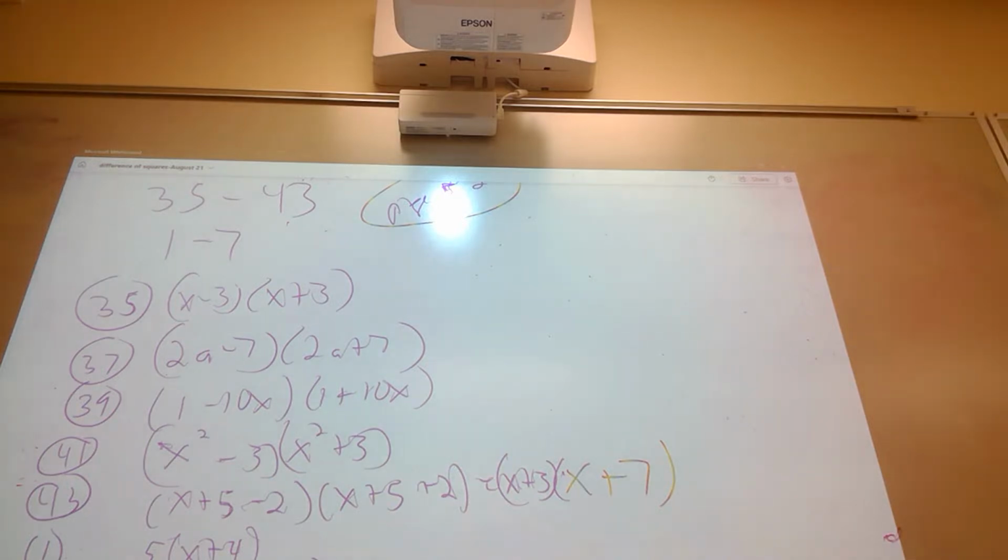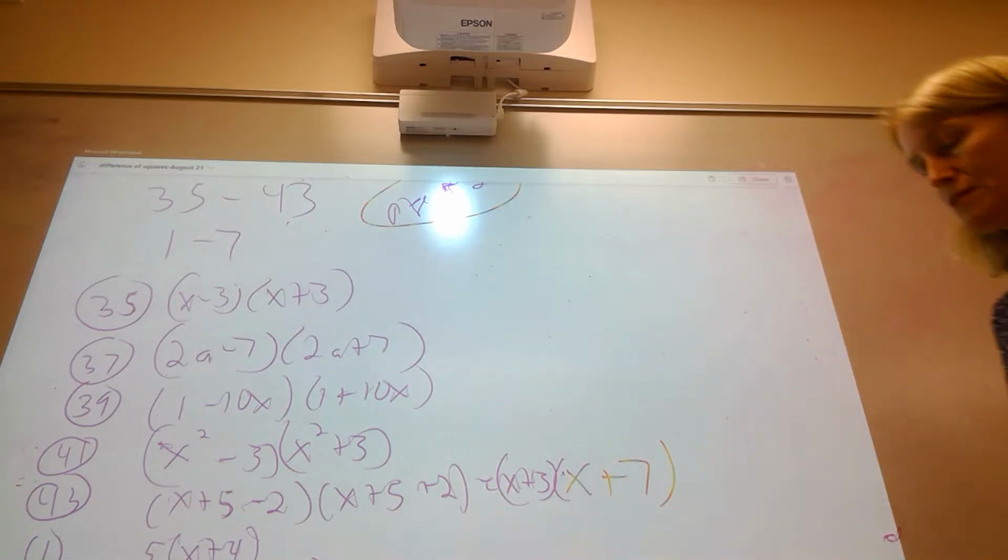You pull out the lowest power of x, the lowest power of y, and see what you have left. For 7, you look at those two terms and you pull out what they have in common.